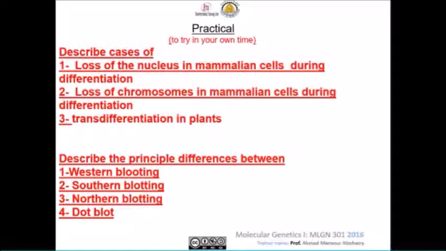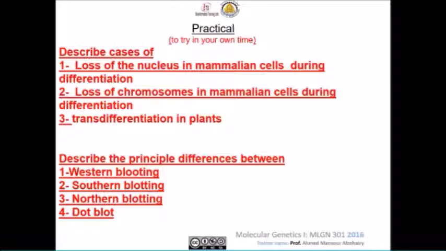So now we come to the practical. We need the student to describe cases of loss of nucleus in mammalian cells during differentiation and loss of chromosomes in mammalian cells, like the examples we just presented. In question number 3, we need you to give an example of transdifferentiation in plants, with a drawing.